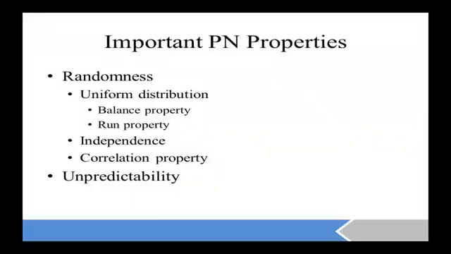Two important properties of PNs are randomness and unpredictability. Traditionally, the concern in generation of a sequence of allegedly random numbers has been that the sequence of the numbers be random in some well-defined statistical sense.